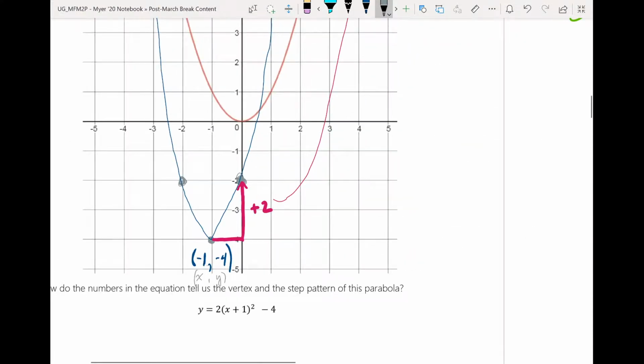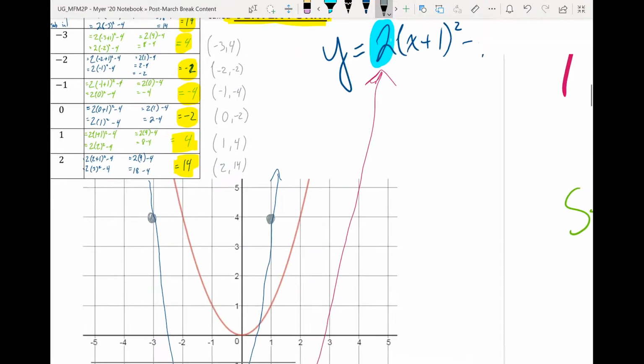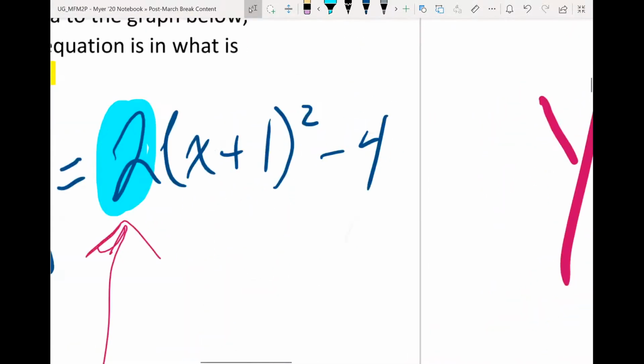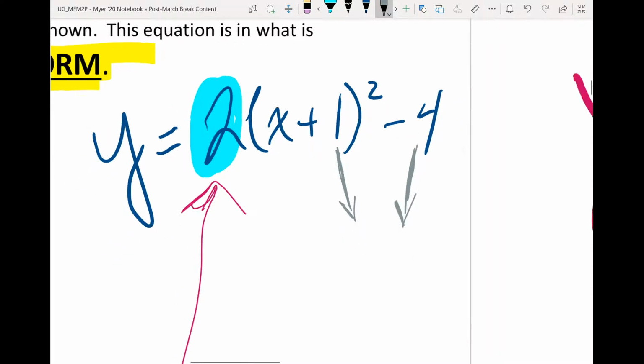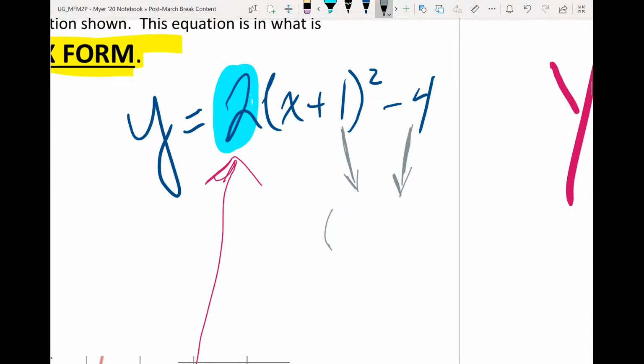Now, do the numbers -1 and -4 pop up in our equation? They do. This number here is +1, which is not -1, but I'll explain why it's actually indicating the -1 for us. And what they both do is they tell us the X and Y coordinates of the vertex.